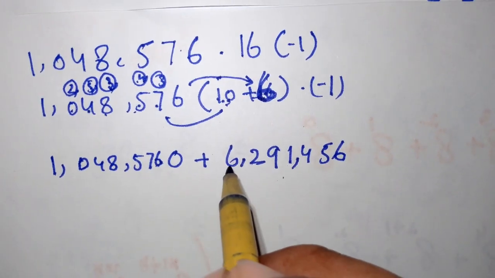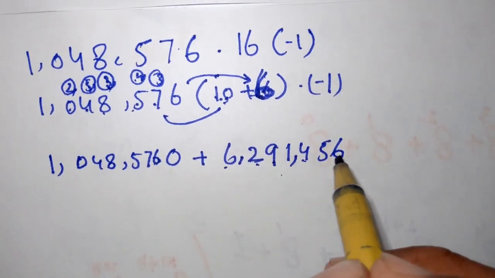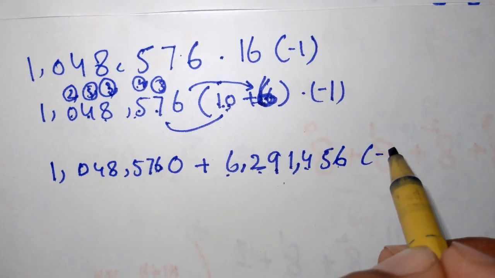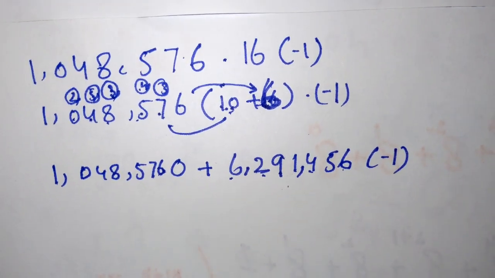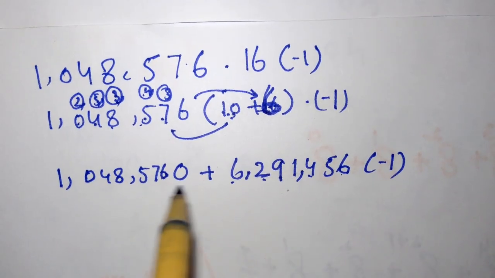So this is 6,291,456 times minus 1. Now we have to add them.